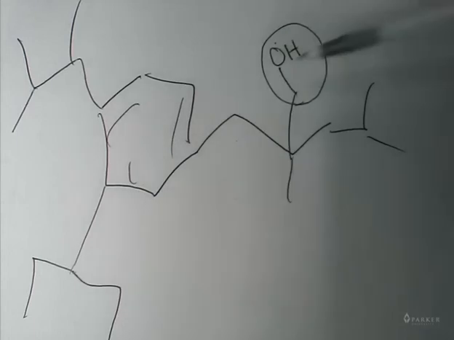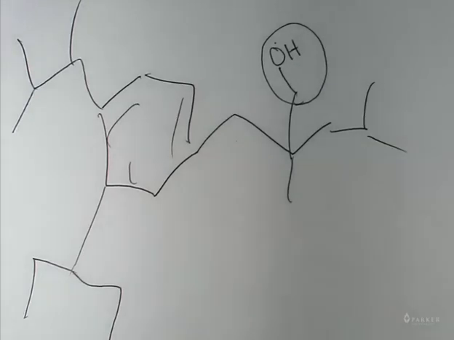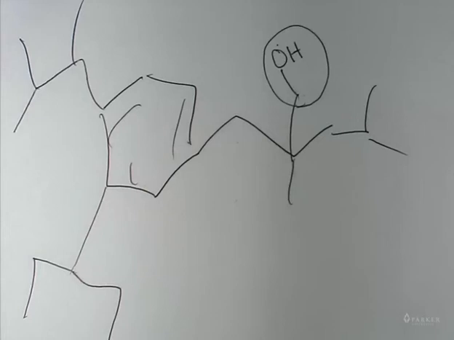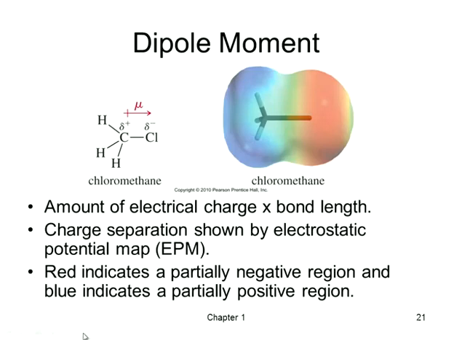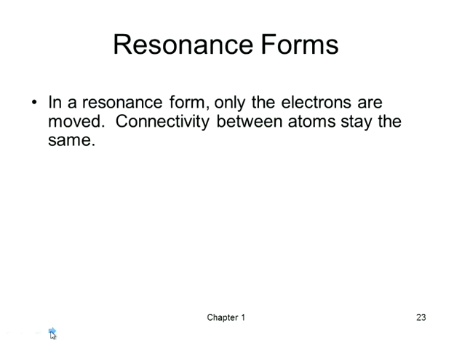Because this atom is pulling the electrons towards it, it makes this bond not equally balanced, so it's unbalanced and there's reactivity there.